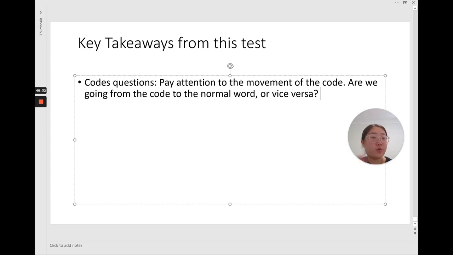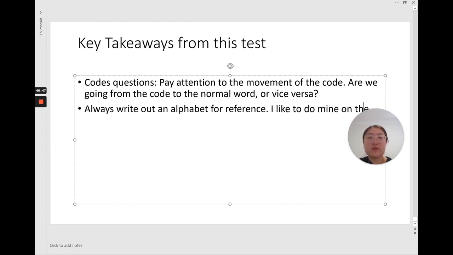Okay, if we don't know which way we're moving, that's going to confuse you. So be careful with that, okay? Always write out an alphabet for reference. Okay, I like to do mine on the front page for easy access, okay? So you can access it really easily.